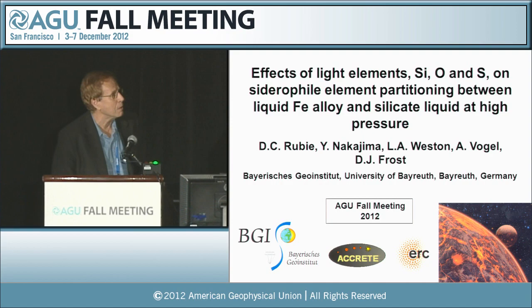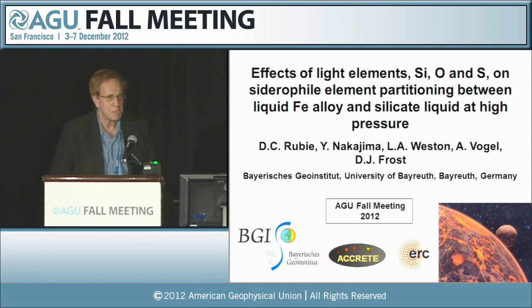Okay, well, I'm going to be talking about siderophile elements, and of course the main constraint that we have on core formation in the Earth comes from the concentrations of siderophile elements in the Earth's mantle. This is because during core formation, the siderophile elements partition into liquid metal, which goes into the core, and these elements are therefore depleted in the mantle.